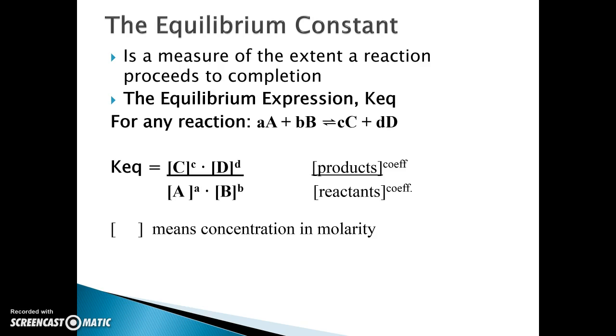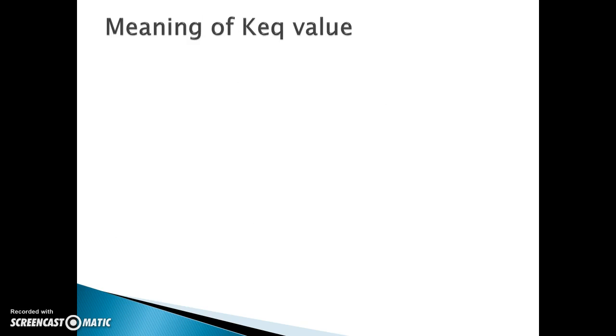You should probably write this on the top of page 6 in your homework packet, because this is going to be the formula that you want to use for all of the mathematics on page 6. Remember, the brackets mean concentration in molarity, moles per liter, capital M. Again, get this written down somewhere because you're not going to see it in the rest of the presentation.